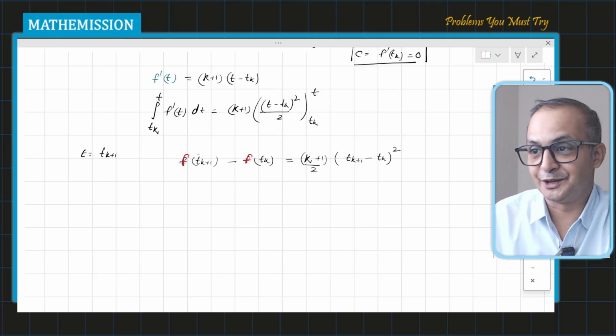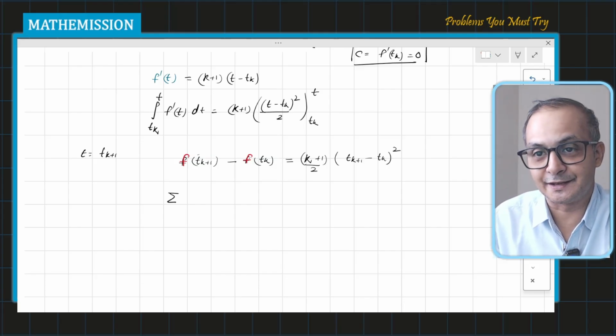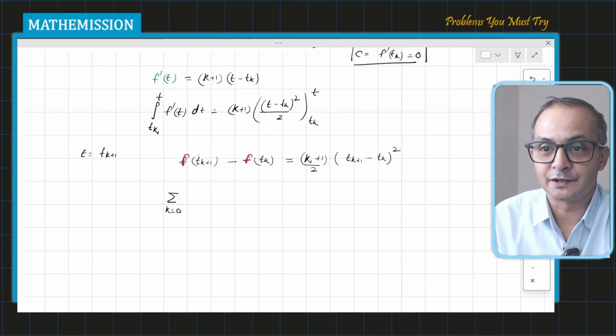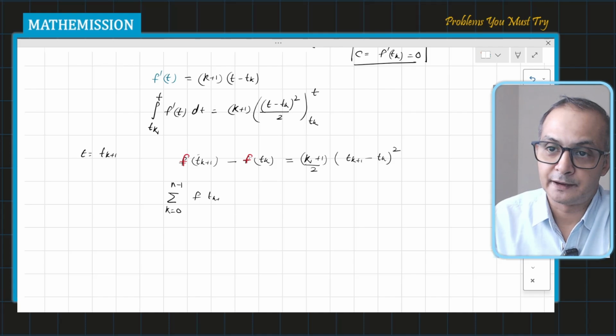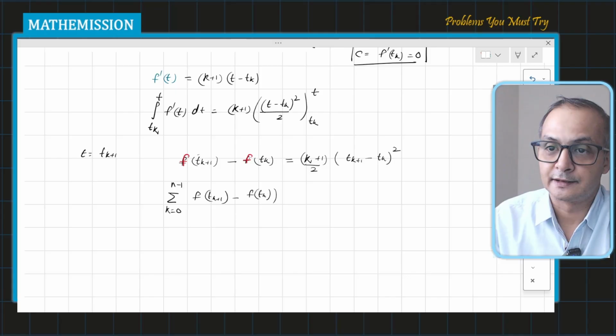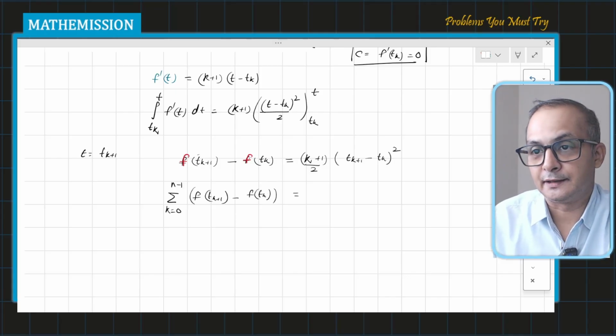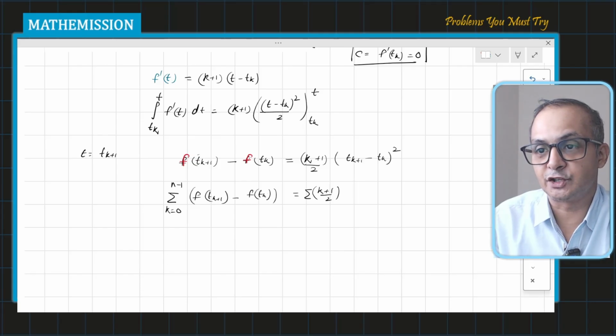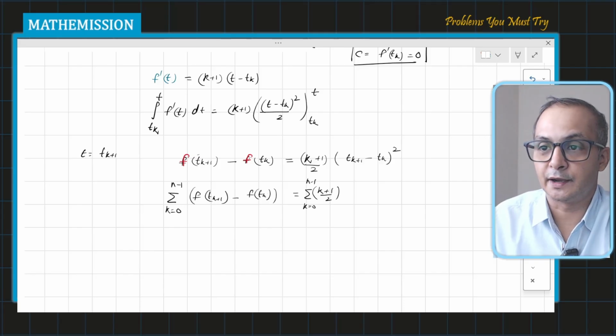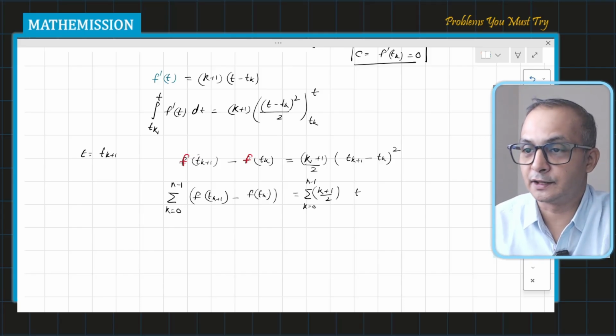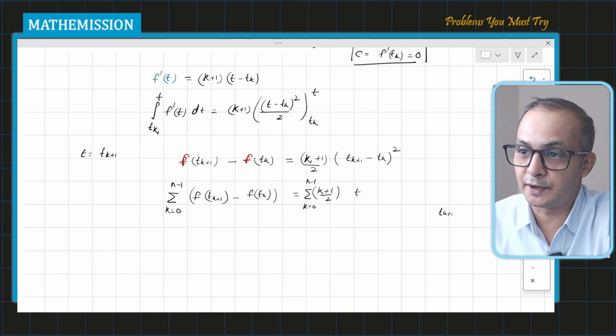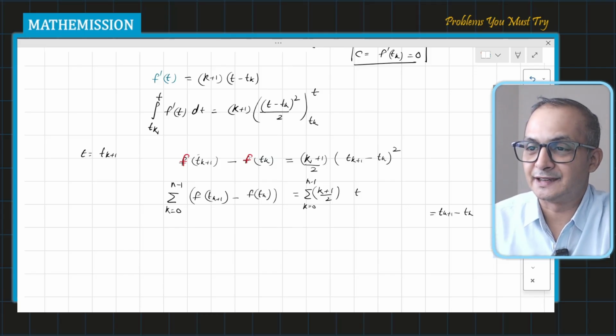Let me explain what I mean: if I'm accumulating this, k goes from 0 to n minus 1, and I have f of tk plus 1 minus f of tk, and there again I apply this summation, k goes from 0 to n minus 1, and let's call tk plus 1 minus tk as delta k.